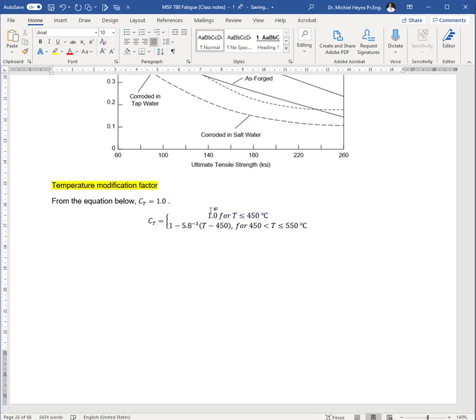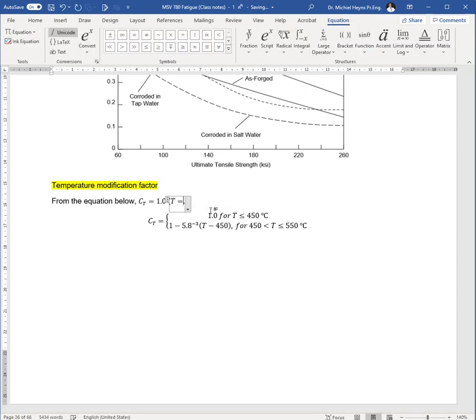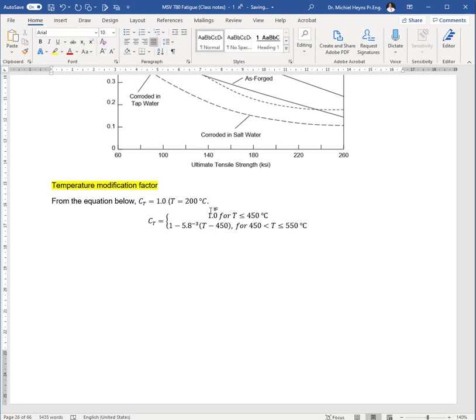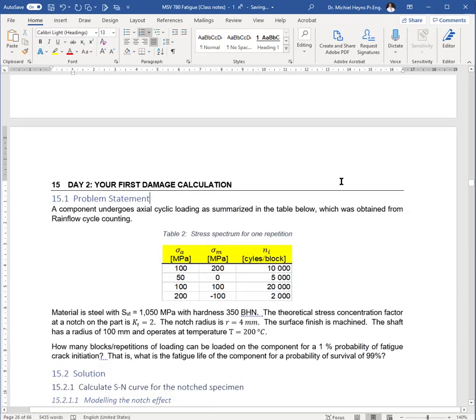And in this case, we have a temperature of, if I remember correctly, 200 degrees Celsius. That's how I remember it. I can go to the problem quickly. Yes, the temperature was 200 degrees Celsius.